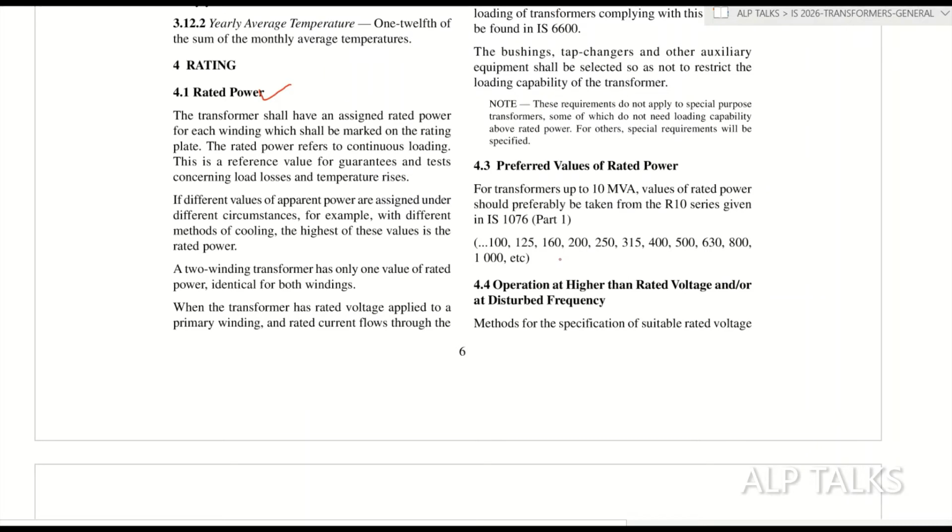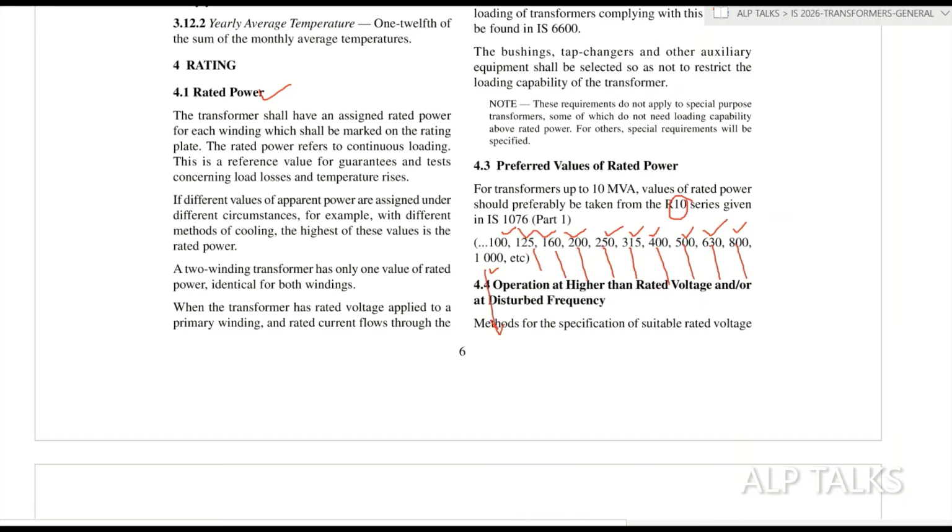Preferred ratings: this is the R10 series, that is what we are discussing. R10 series means it is a geometrical progression: 100, 125, 160, 200 kVA, 250 kVA, 315, 400, 500, 630, 800, 1000. Then the cycle repeats again: 1250 kVA, 1600, 2000, 2500, 3150, 4000, 5000, 6300, 8 MVA, 10 MVA.